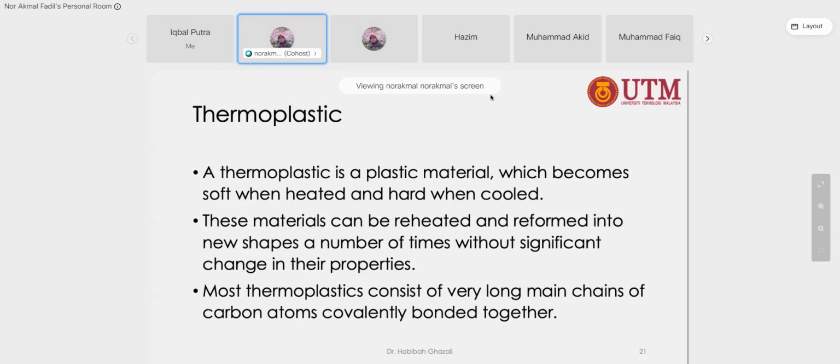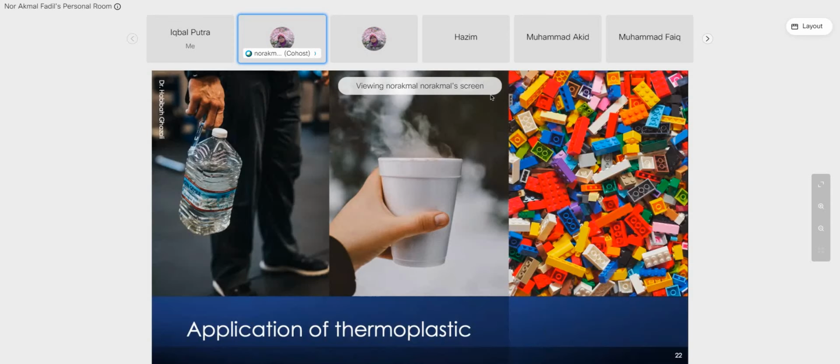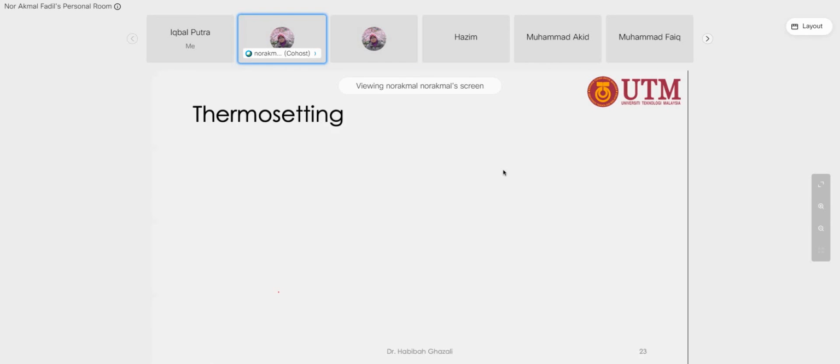Okay, most thermoplastics consist of very long main chains of carbon atoms covalently bonded together. So this is thermoplastic. Okay, for example, the plastic used for water bottles, the Lego, and the container, coffee cup.